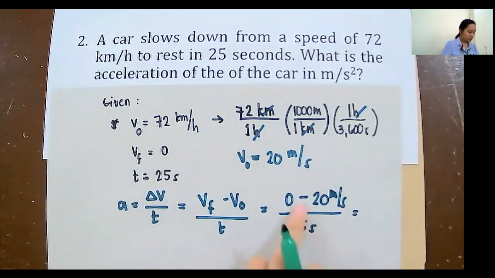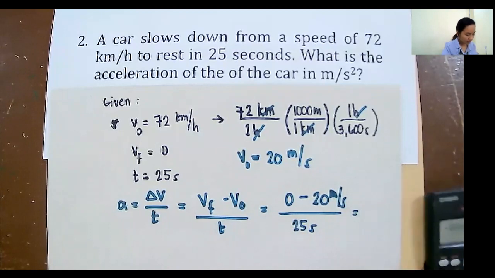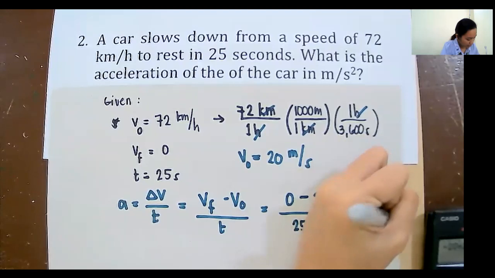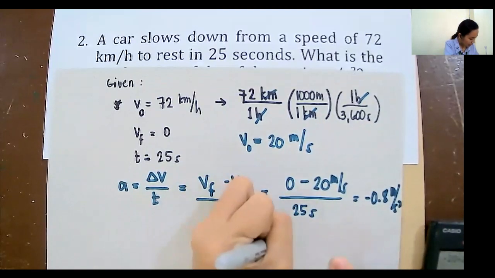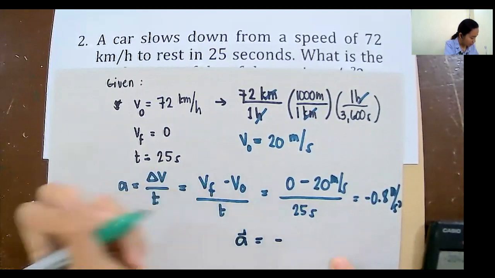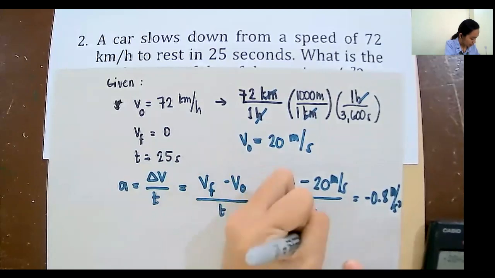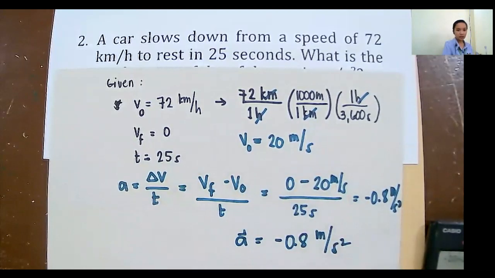So 0 minus 20 is negative 20, divided by 25, you will get negative 0.8 meter per second squared. I'll write it again. The answer is your acceleration is negative 0.8 meter per second squared.